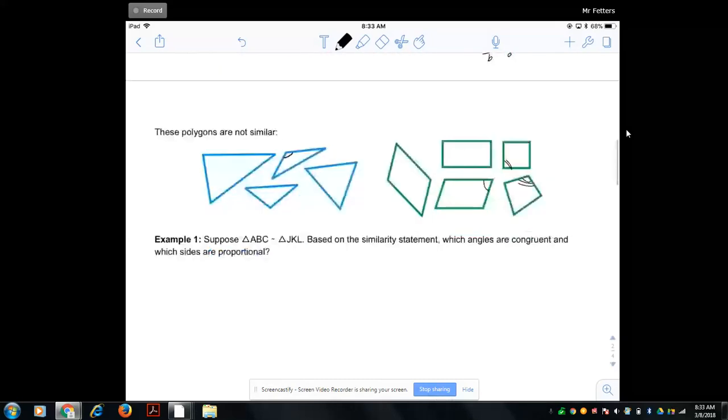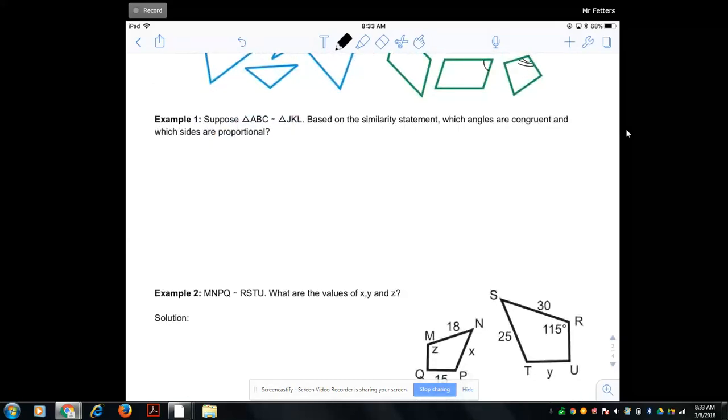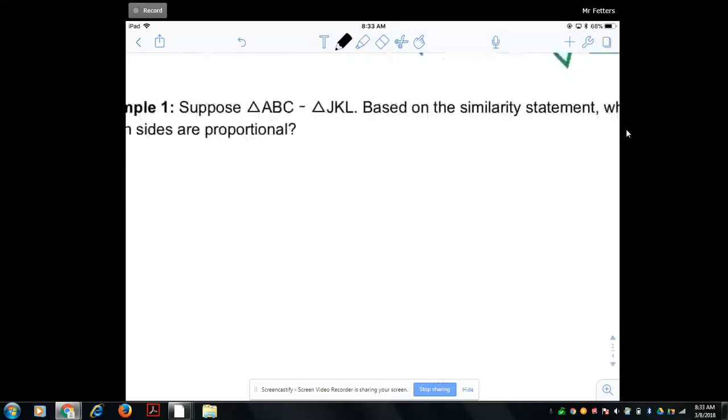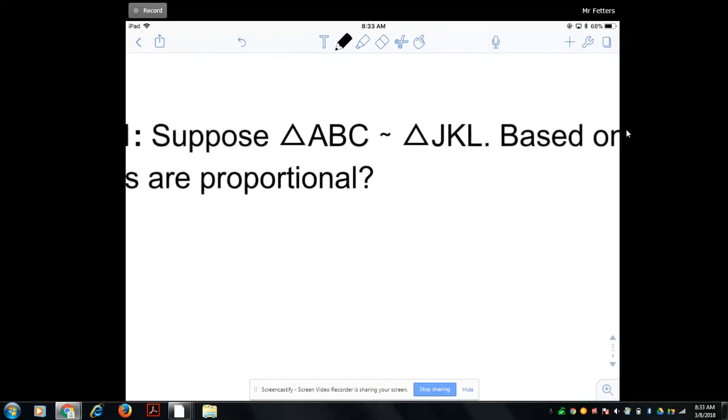Okay, so let's take a look at example one. It says, suppose triangle ABC is similar to triangle JKL. Now this is very like if you had a congruent statement, to where angle A and angle J would be corresponding angles.